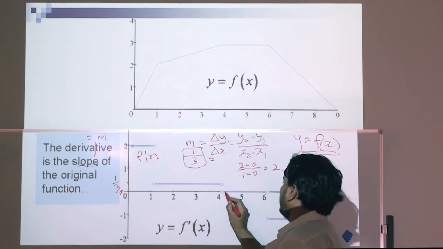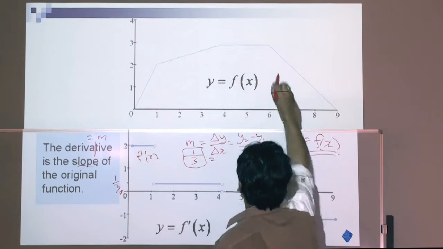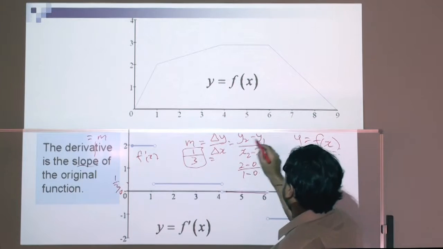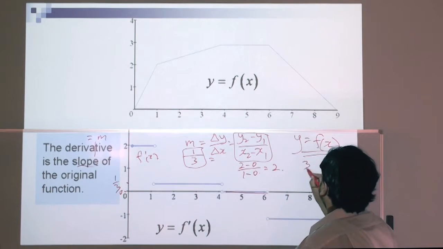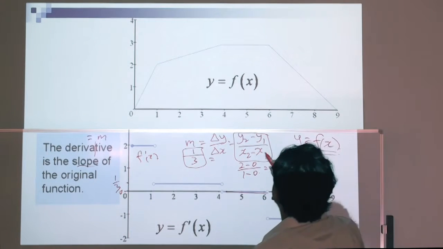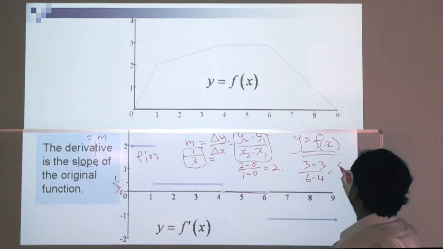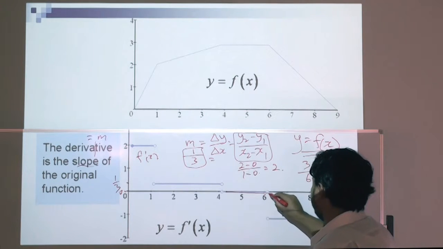Okay, that's why it's all in a line, going straight across. Why is it 0? See that straight flat line there? Using this formula, we have 3 minus 3 over 6 minus 4, I believe, which is equal to 0 over 2. So 0 divided by any number equals 0. That's how you have the 0 here.